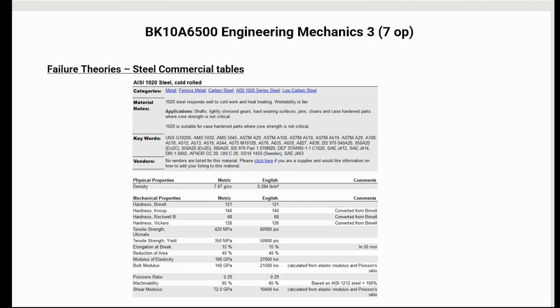All right, great, thanks. Then you said we usually use this number here, which is the yield strength or tensile strength, or yield strength.